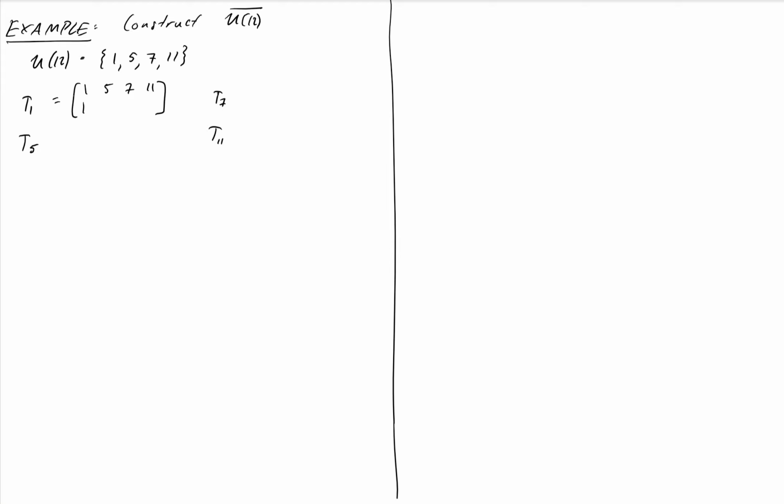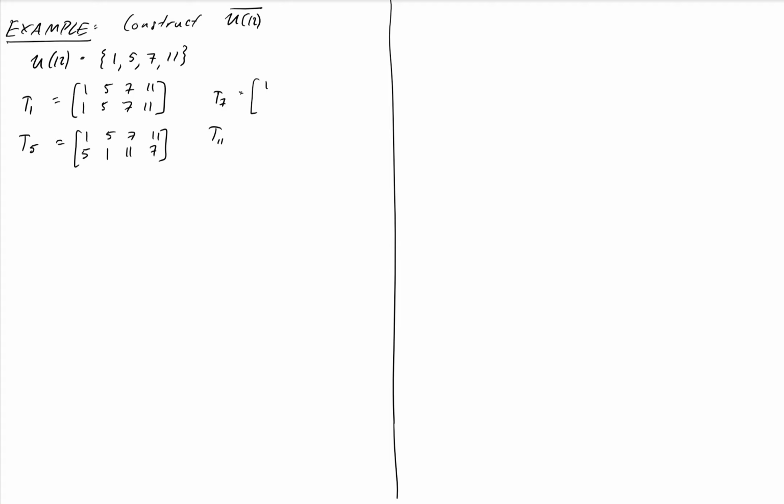So that gives me 1, 5, 7, and 11. T5 is the permutation that multiplies everything in the group by 5. So it'll be 5. 5 5s are 25, which is 1 mod 12. 5 7s are 35, which is 11 mod 12. And 5 11s are 55, which is 7 mod 12.